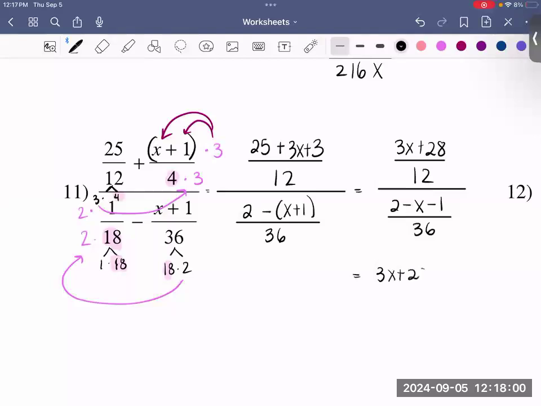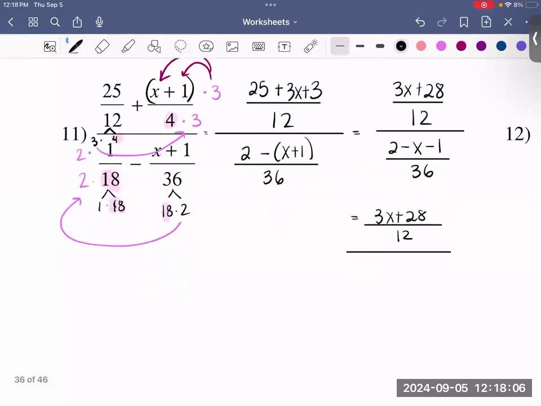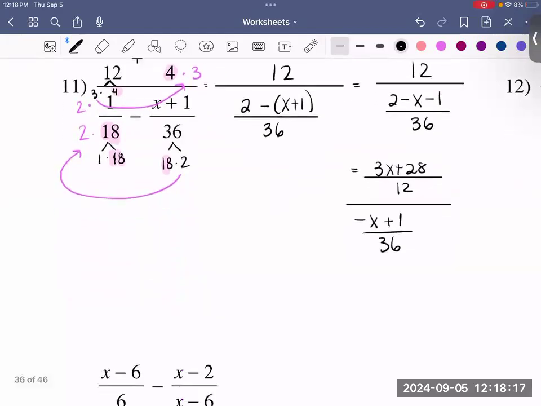3x plus 28 over 12 all over negative x plus 1 over 36. Then we'll go ahead and keep, change, flip.